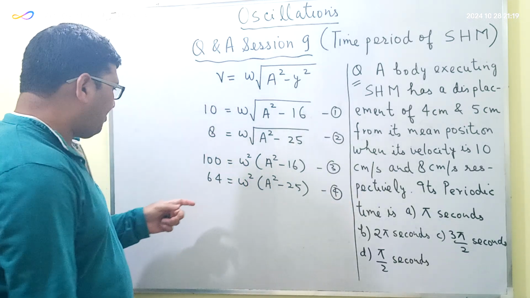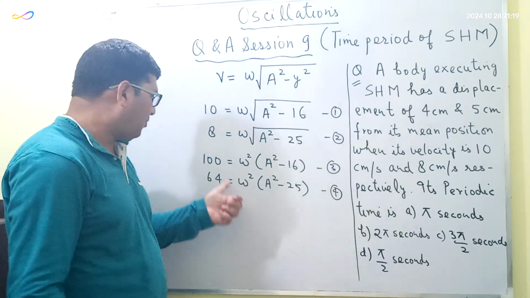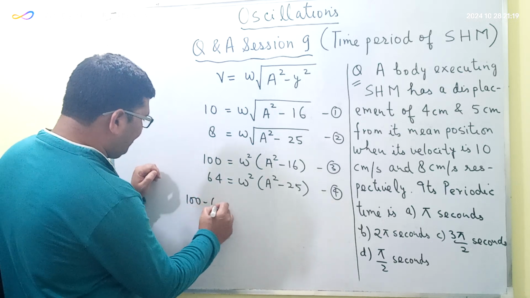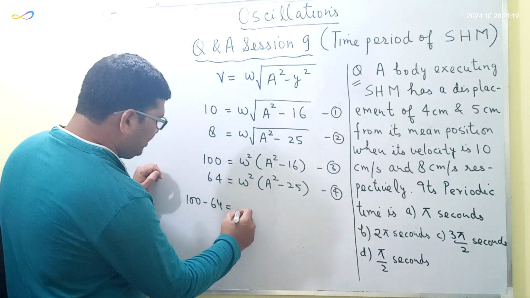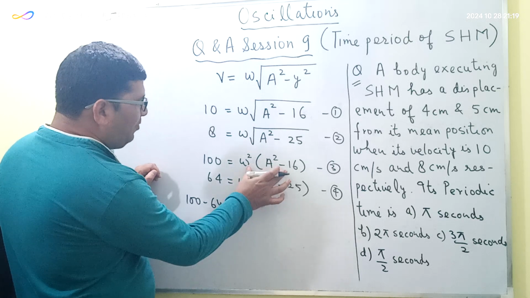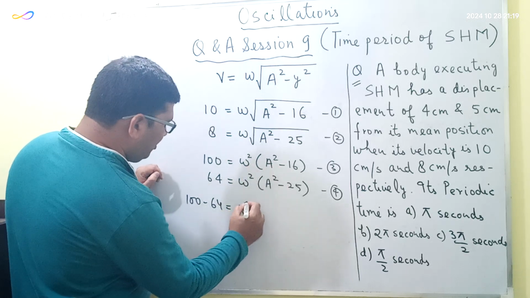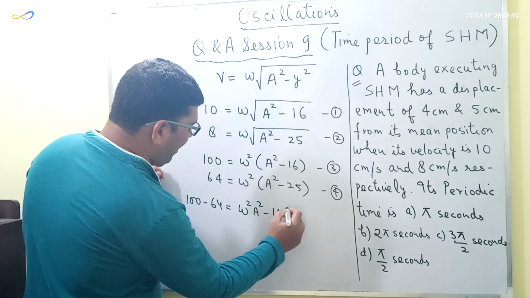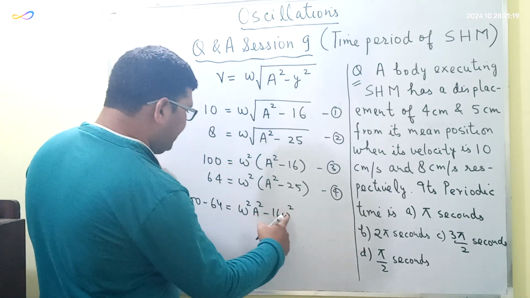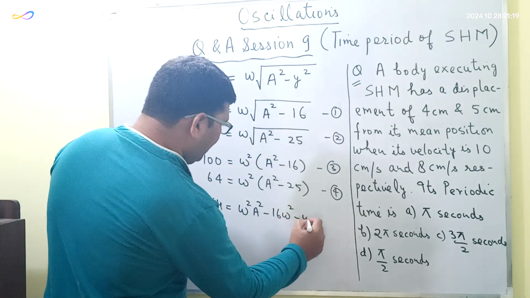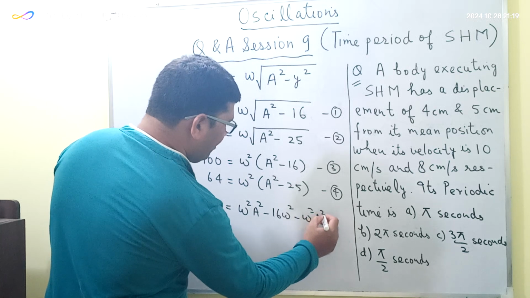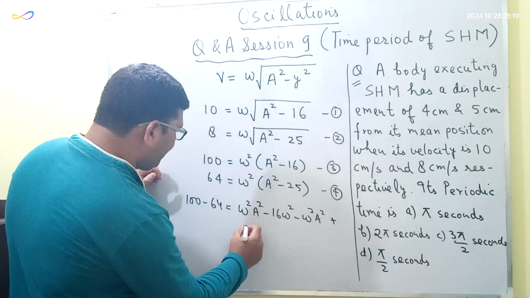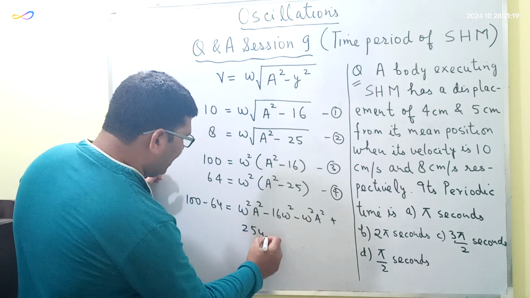If I subtract equation number 4 from equation number 3, I will get 100 minus 64. This is equal to, now if I open the brackets, omega square a square minus 16 omega square minus omega square a square, and minus will become plus 25 omega square.